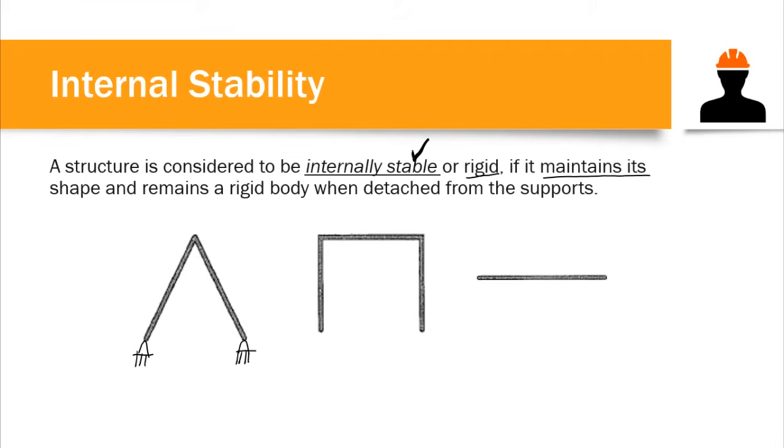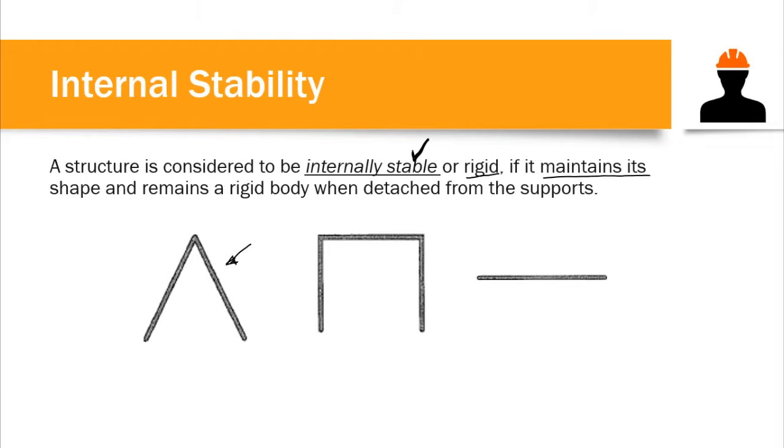We know that if we have a support, there would be no deflections or movement in our structure. If we eliminate the support, our structure would still have the same shape, and we know that this one is rigid.